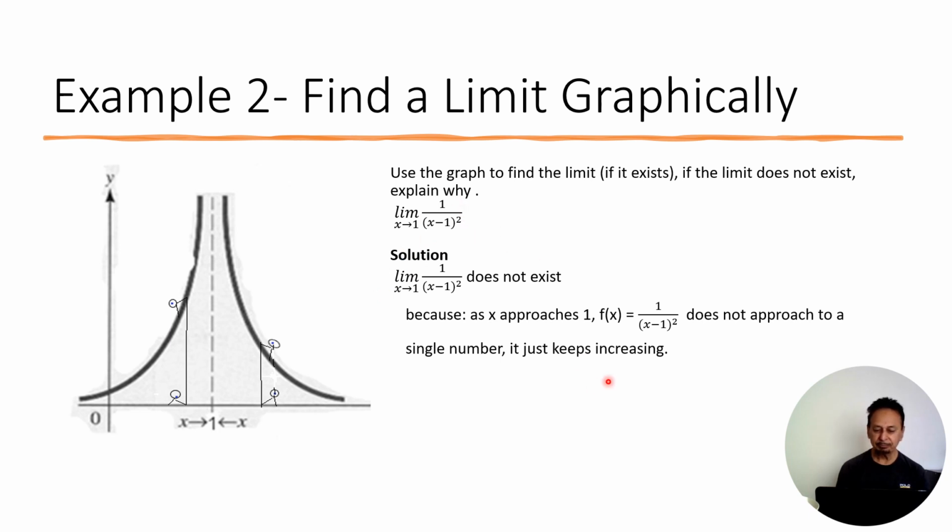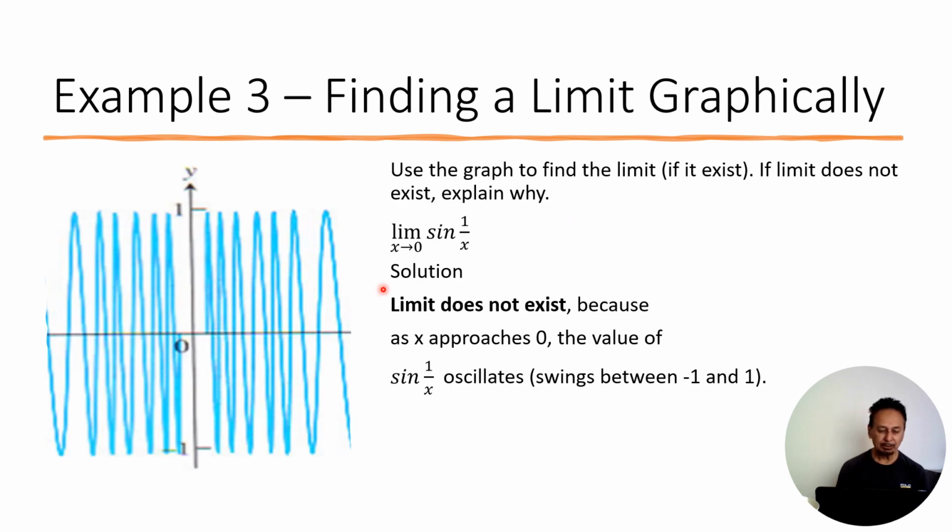Infinity. So example 3. Here we want to know what is the limit of sine of 1 over x as x approaches 0. Looking at the graph, here's the 0. Let's approach 0 from the right side. If we are here, the height of the function is 1. If we are here, the height is negative 1.